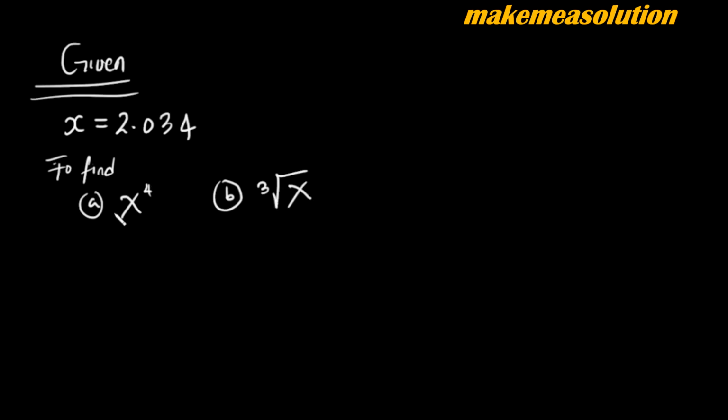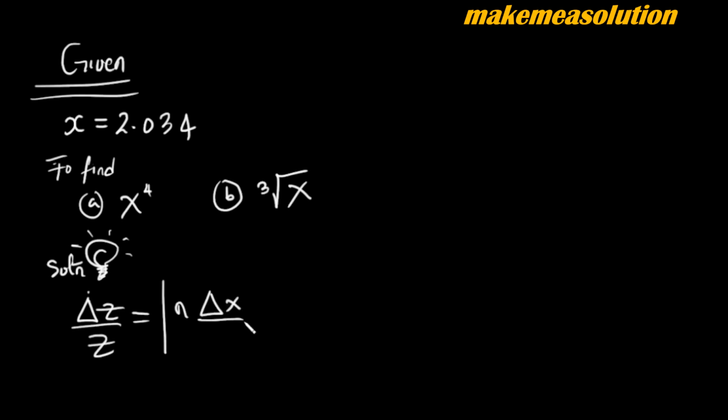So of course in this particular problem we have to point out our variables. Relative error delta z over z is solved by n delta x over x. Is that okay? So we are looking for n, which is already given. In the first case n is 4.